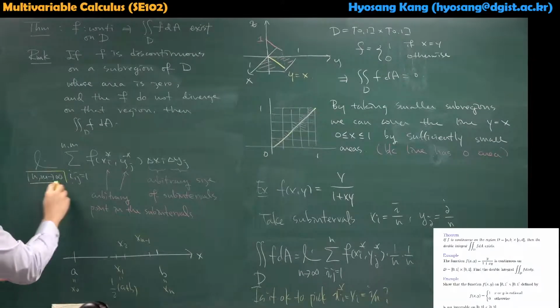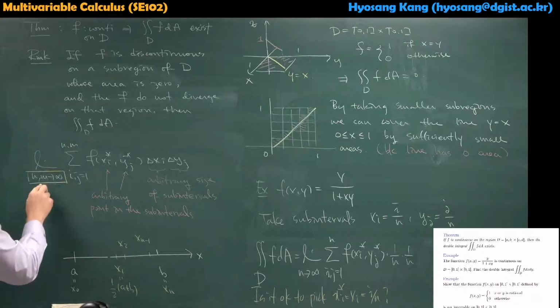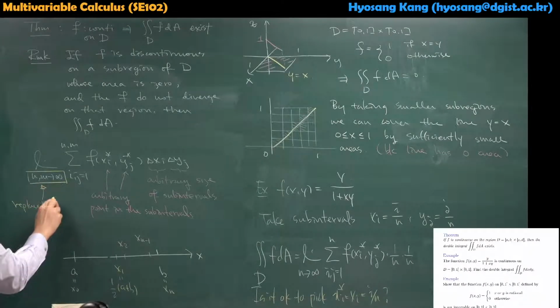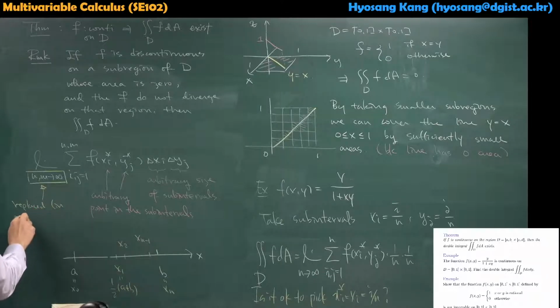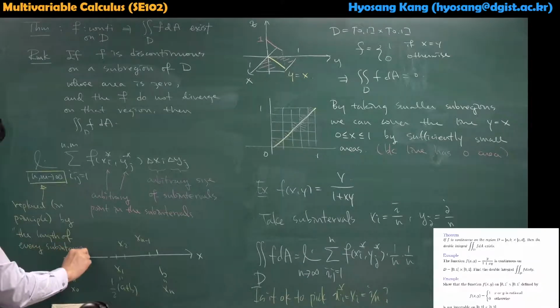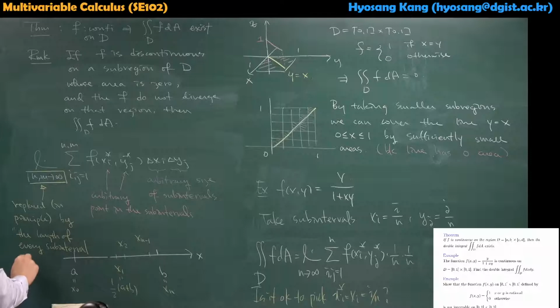When n and m go to infinity, this should in principle be replaced by saying that the length of every subinterval goes to 0.